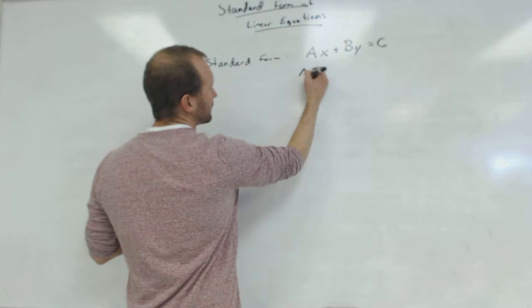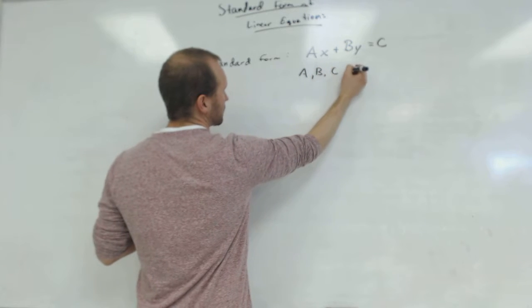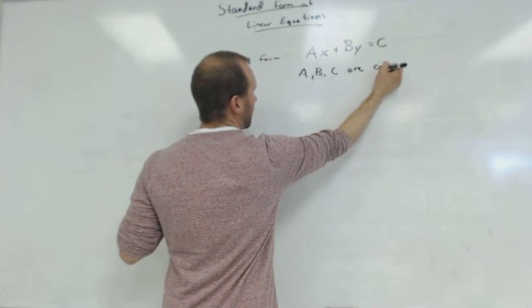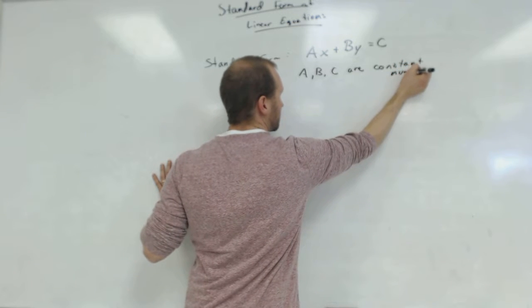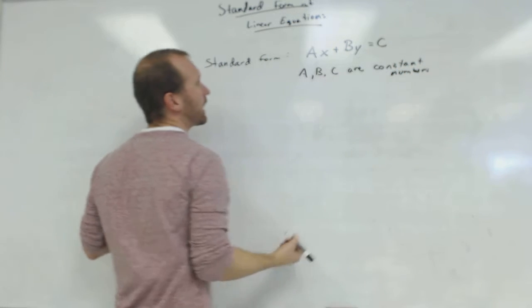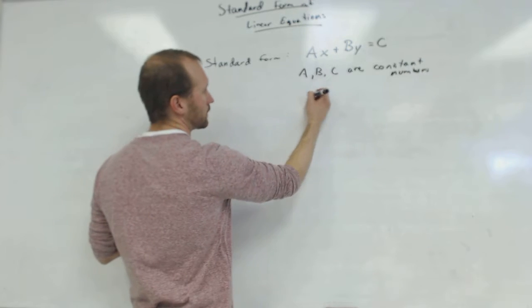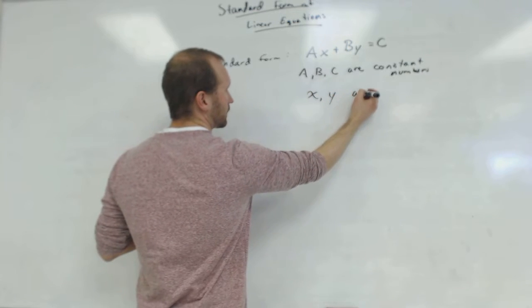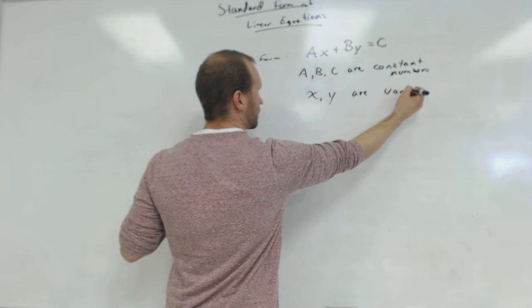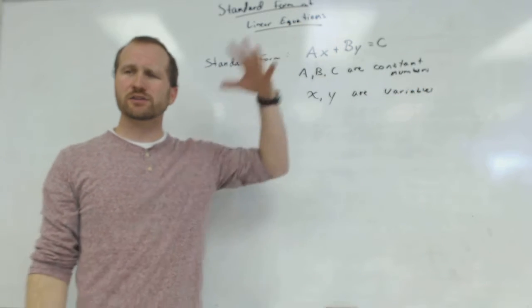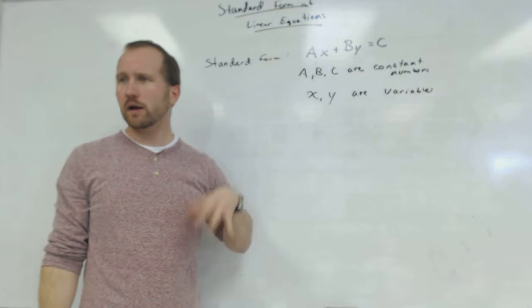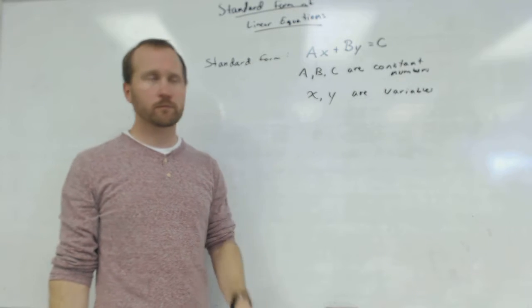A, b, and c are all numbers. Constant numbers. And x and y are our variables. So variables change. They can change. Constants are going to stay the same.